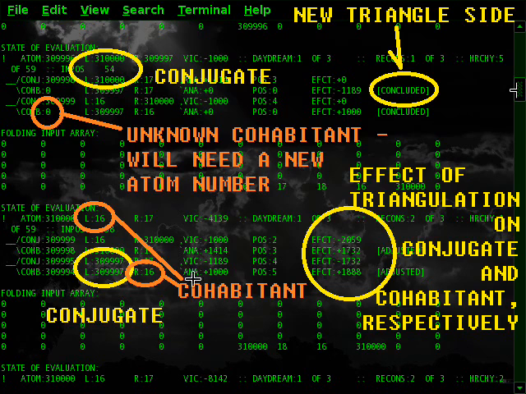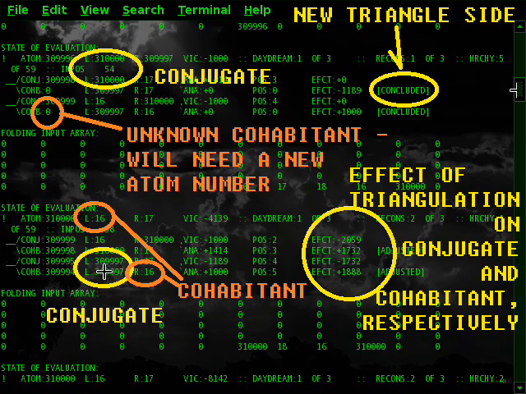You are seeing here a known cohabitant. It is having a valid atom number. It has one atom in common with the conjugate and one atom in common with the original atom that is being considered. Okay, the original one is the 310,000. It has a left atom of 16. The cohabitant has 16 as a right atom.